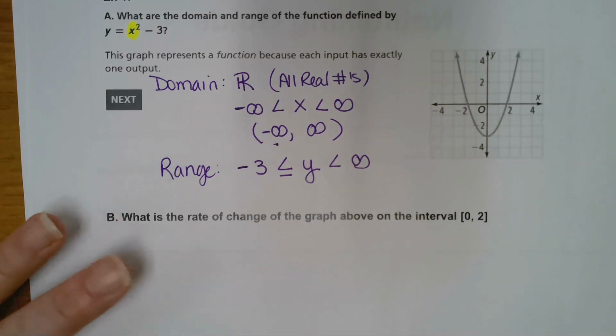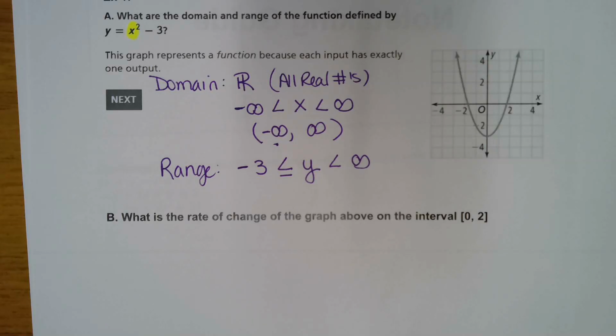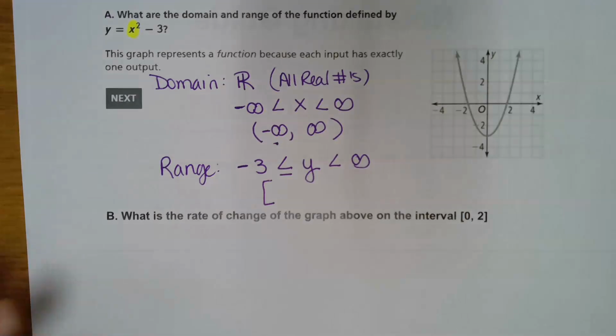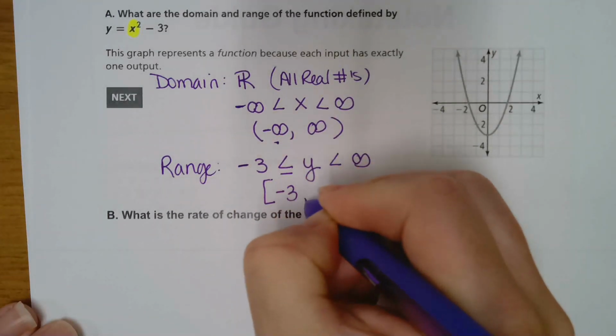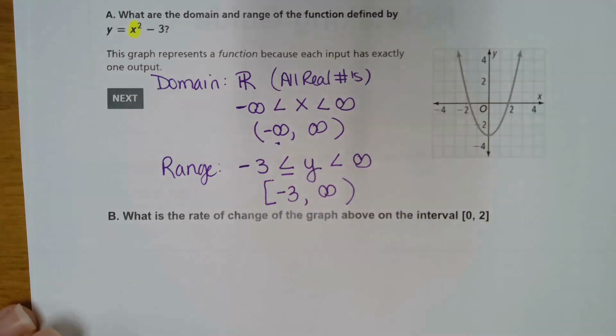When we're doing interval notation, when we want to say that the graph actually touches something, instead of a parenthesis, we use a hard bracket, I call it, and it looks like this. So the bottom of the graph starts at -3 and it goes up to infinity.